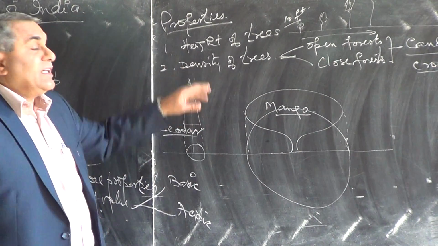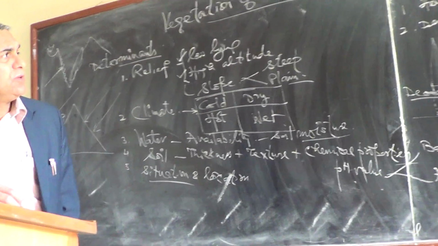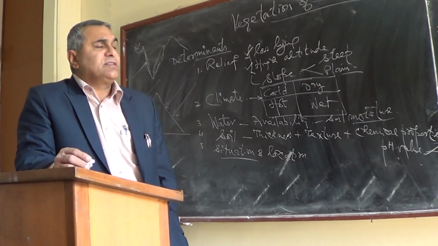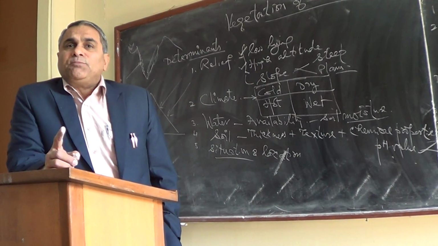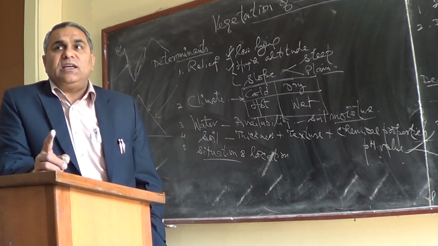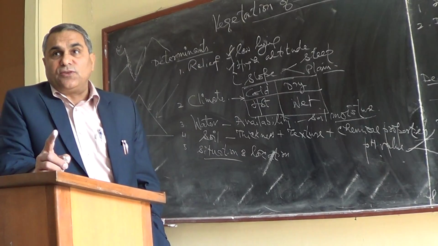So the density of trees or vegetation, sometimes we say open forest or closed forest, is decided on the basis of the canopy coverage. If the canopy coverage is more than 25% of the total forested area, it is called closed forest or dense forest.